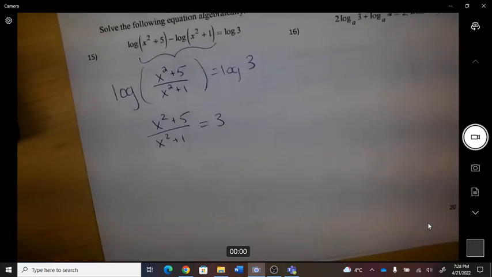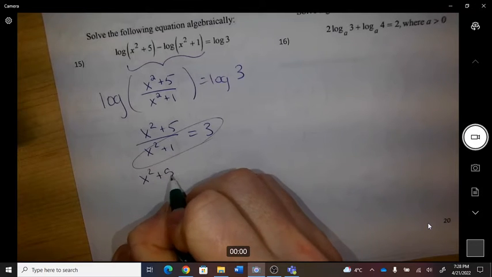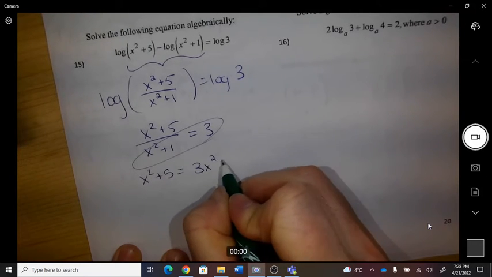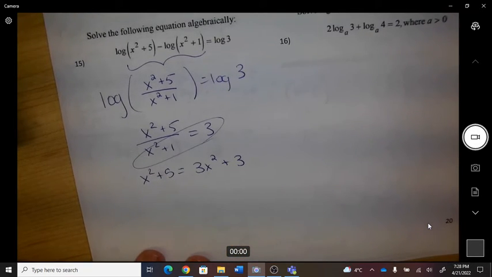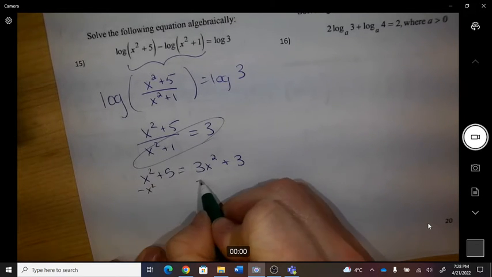So now I'm going to cross multiply. So x squared plus 5 equals 3x squared plus 3. And then collect, we'll go minus x squareds.